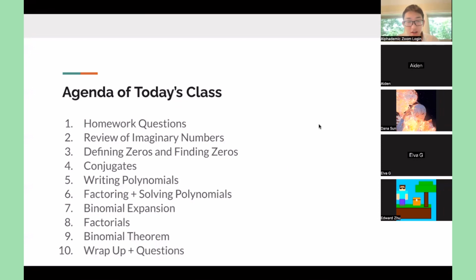Okay, so the agenda of today's class. I will try to get through everything, but we might be a bit short on time. We'll do homework questions, if you had any questions about class 3's homework, a review of imaginary numbers, what they are, defining zeros and finding zeros, conjugates, writing polynomials, factoring and solving polynomials, binomial expansion, factorials, binomial theorem, and then wrap up and questions.